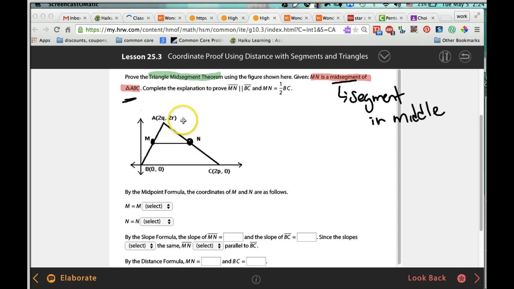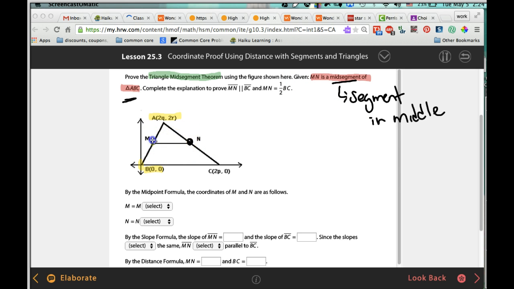I just noticed that I don't have any coordinates for point M and point N. Okay, this is a big problem because I cannot prove anything back here if I don't know what numbers or letters they are, right? But what I do have is, I have point A over here and I have point B over there, okay? Now, the question over here said, this segment here is a midsegment.